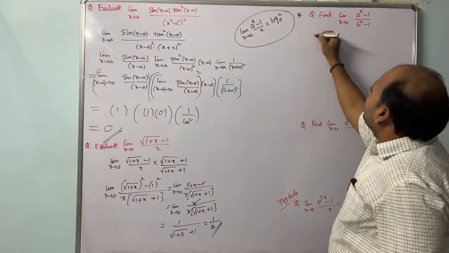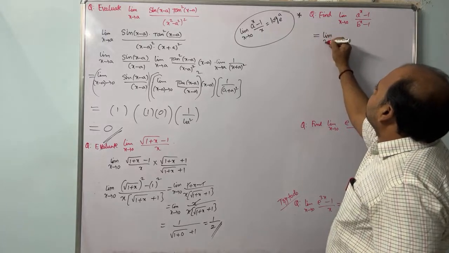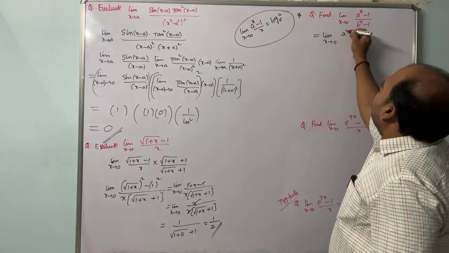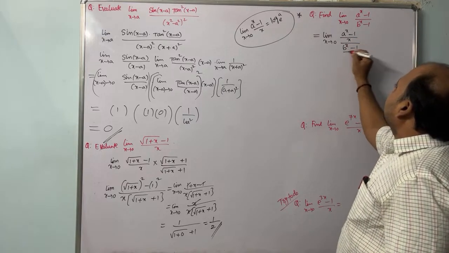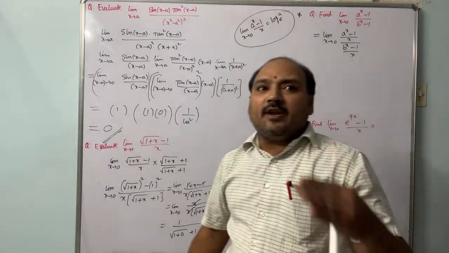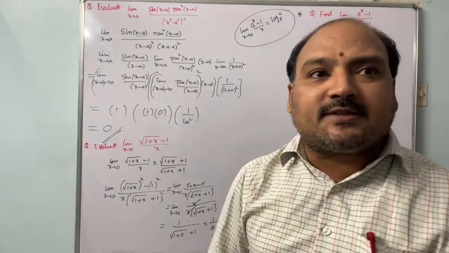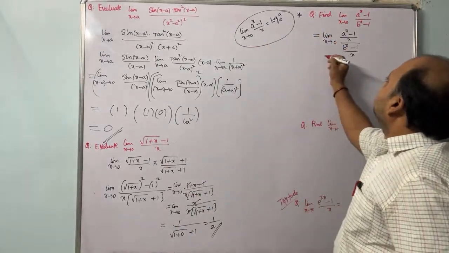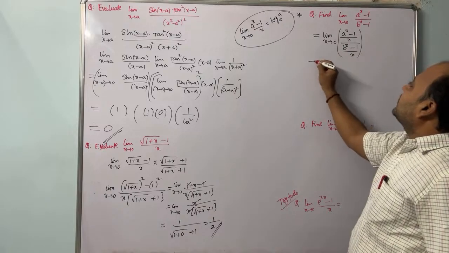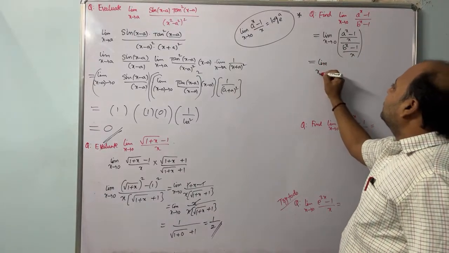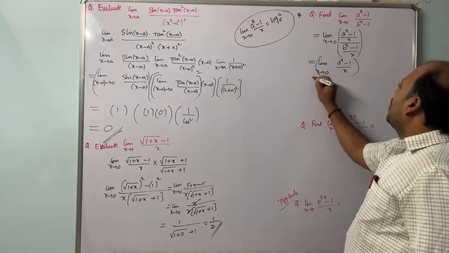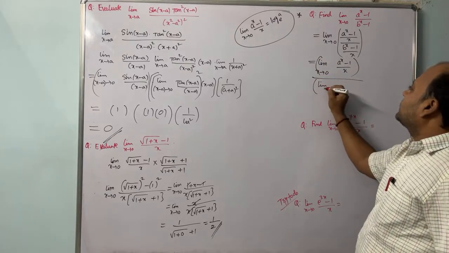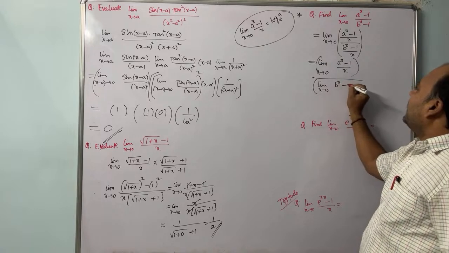So what we have to do is limit x tends to 0, (a power x minus 1) by x divided by (b power x minus 1) by x. Numerator and denominator are divided by x to get the formula form. So now apply the limit for the numerator and the limit for the denominator. Limit x tends to 0, (a power x minus 1) by x, whole divided by limit x tends to 0, (b power x minus 1) by x.